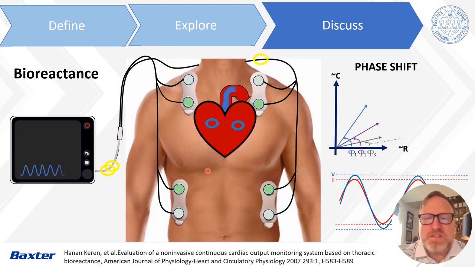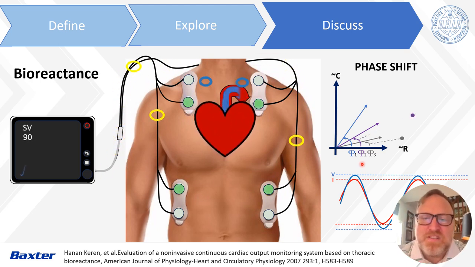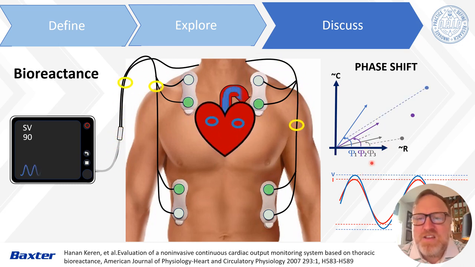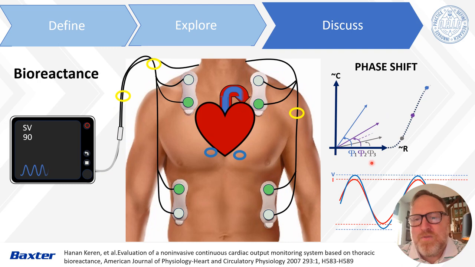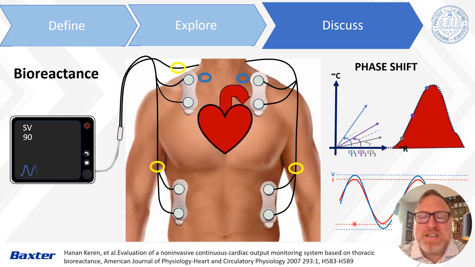If you look over here, as we're assessing the heart and the flow, we get the heart in different stages of flow as it's pumping, and we coordinate this little waveform, which is kind of cool. Then the area under that waveform is the stroke volume. So we're not looking at amplitude when we're looking at bioreactance. We're actually looking at the frequency of the waveform.